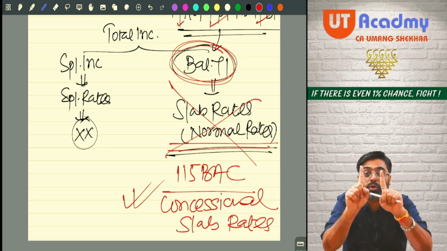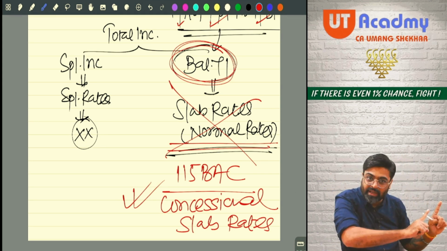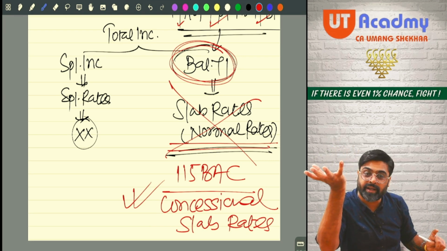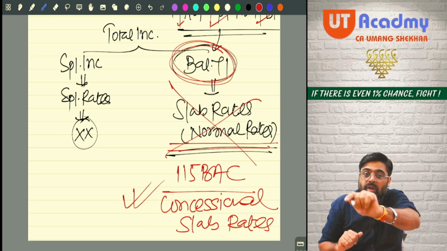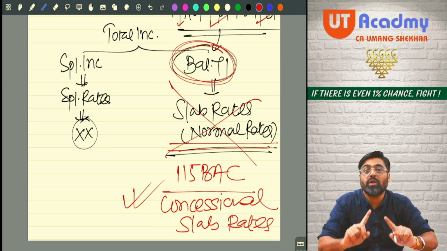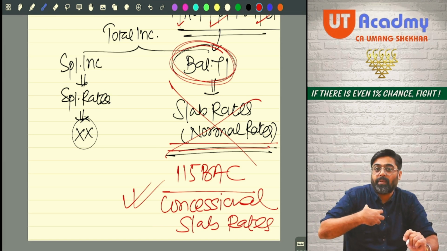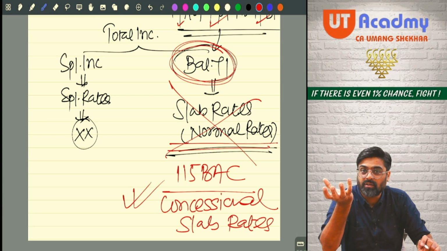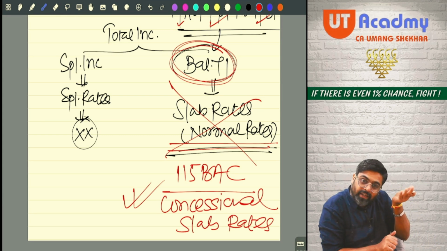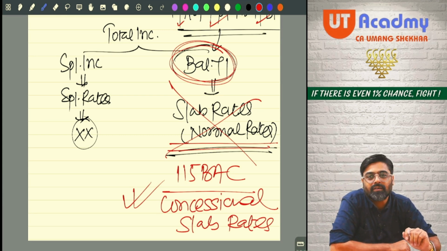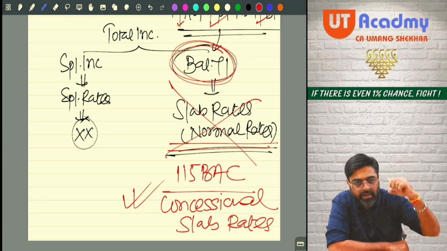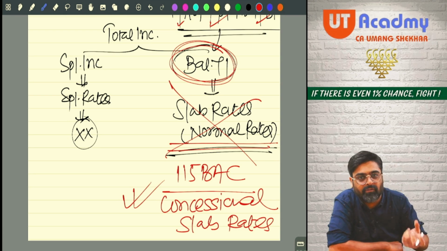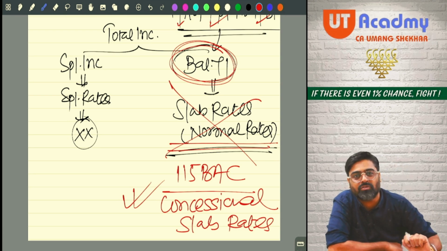Would you wish to pay tax on your total income at higher normal rates or lower concessional rates as per 115BAC? Concessional rates, obviously, sir. Because if I apply the concessional rates, my tax liability will reduce and I will pay less tax. No, sir.